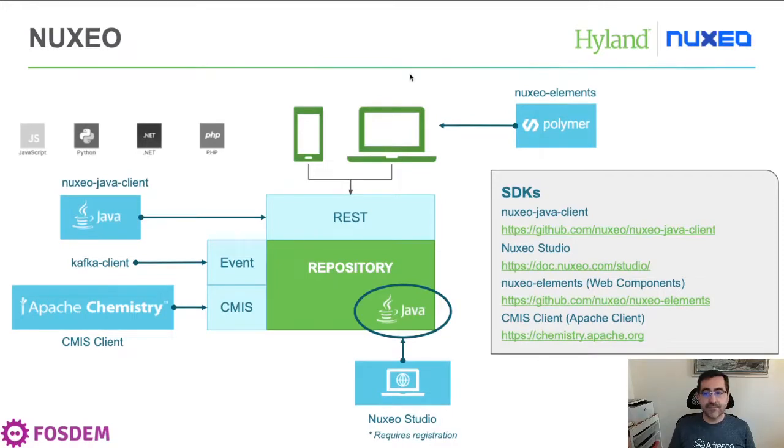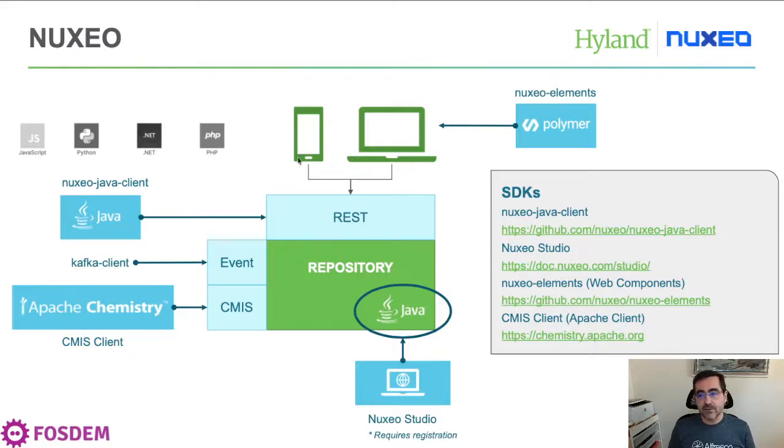Nuxeo platform provides different extension frameworks. As we reviewed for Alfresco, we are going to make exactly the same review for the Nuxeo product. So the REST API can be accessed from different technologies like JavaScript, Python, .NET, or PHP, but the most used is the Nuxeo Java client.